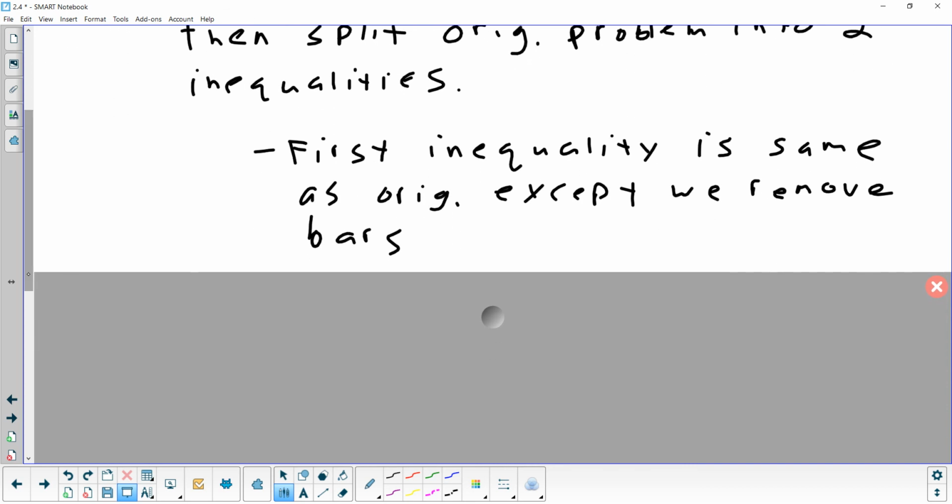Now the second one, we had to do an extra step. Does anybody remember yesterday when we did absolute value equations? We took out the bars, and what else did we do to get the second problem?